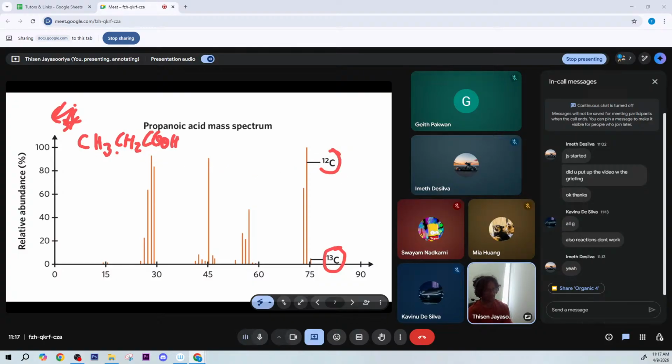So this propanoic acid is going to have 36 plus 32 plus 6, which is going to be a molar mass of 74, right? So it makes sense for it to have a peak here, but it doesn't make sense for it to have a peak here unless we have that isotope. So that's one thing you want to be careful of.